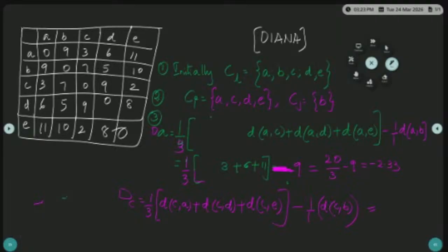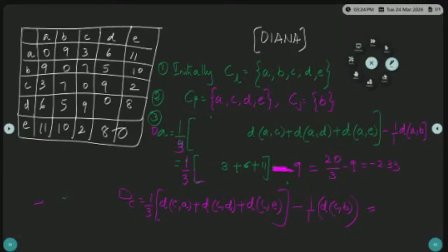If we are getting all negative values, we have to stop the iteration there. Okay, right? DA equal to minus 0.5, DC equal to minus 5 point something, DE equal to minus 2.5.